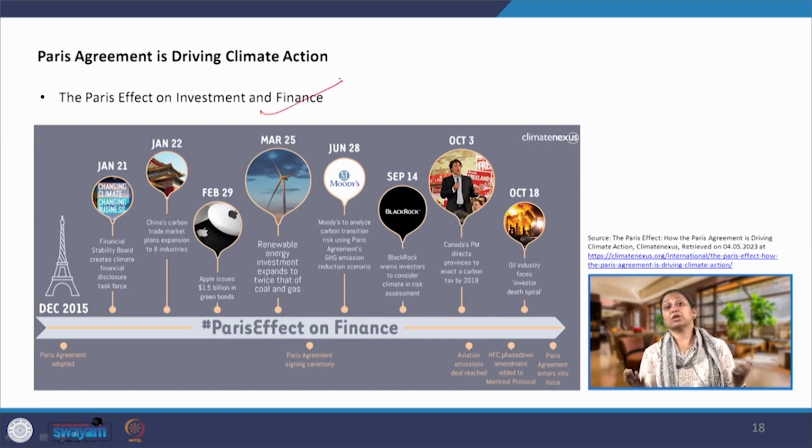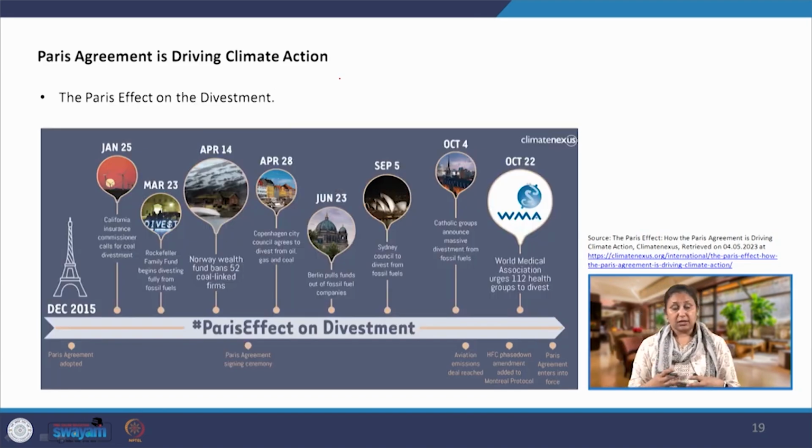What kind of projects are being financed? That is also being driven by what we have agreed as part of the Paris Agreement. On divestment, we are talking about coal divestment, divesting fully from fossil fuels. So, we are investing in renewables and divesting from projects which are GHG emitters, those based on fossil fuels.